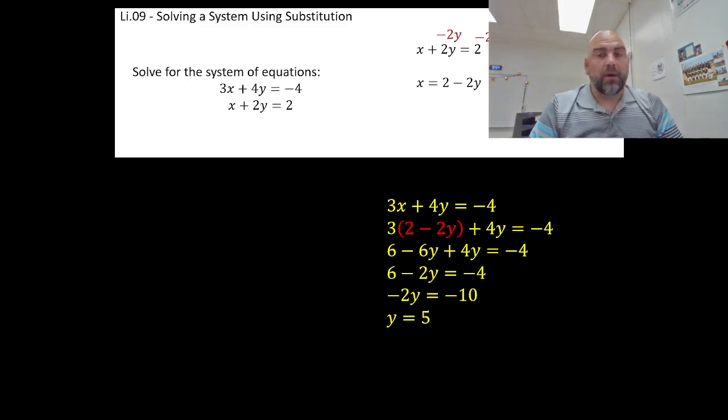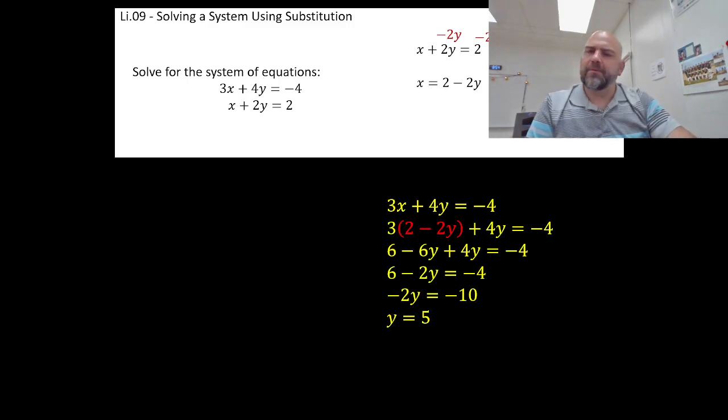All right, so now we have found our y value for this system. Okay, the answer to the system, we know the y value has to be 5. At this point, we are going to substitute this y value that we know back into one of the equations and solve for x.